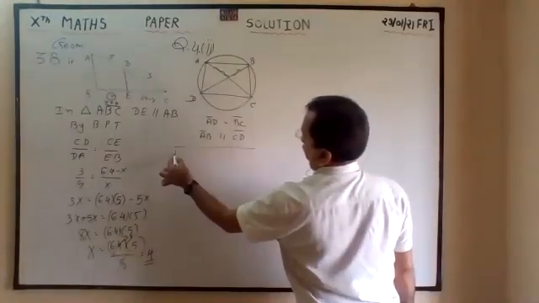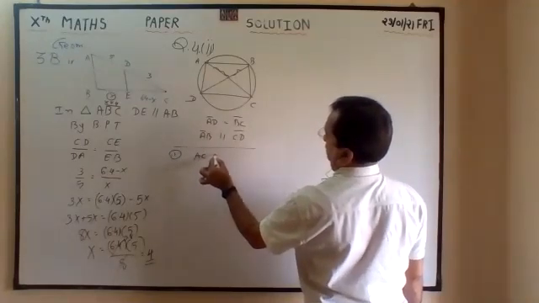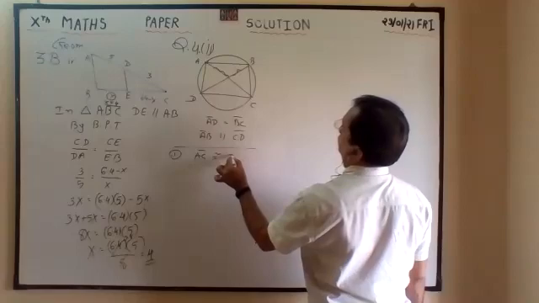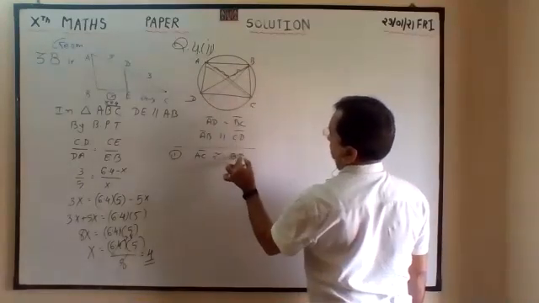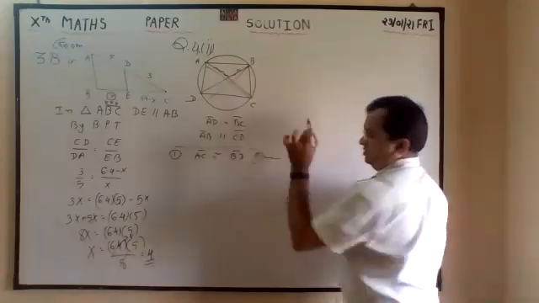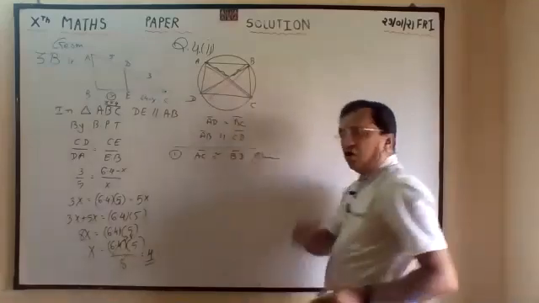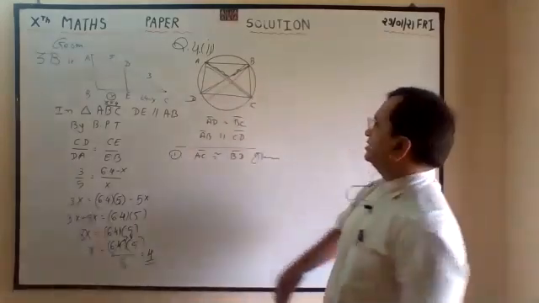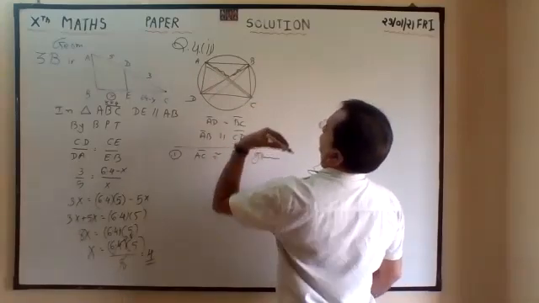So first, AC and BD are given congruent. Correct. If chords are congruent, respective arcs are congruent. So we will take the opposite side.